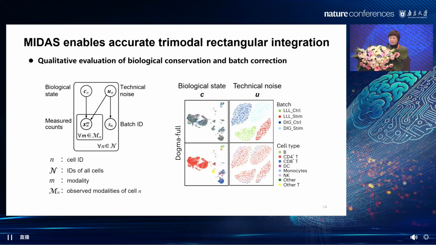The biological state C effectively separates known cell types while mixing cells from different batches. Conversely, the technical noise U clearly separates the batches, but shows no cell type specific structure. This visually confirms the successful disentanglement.